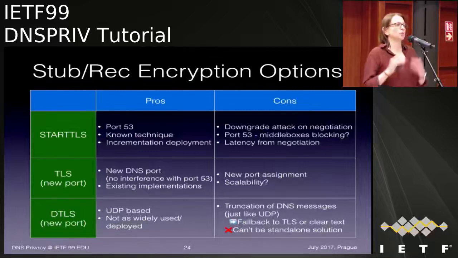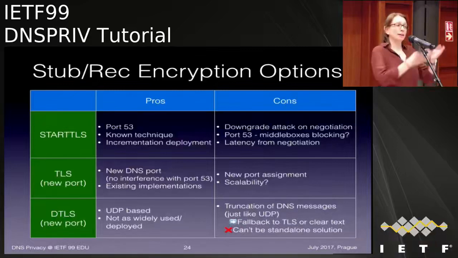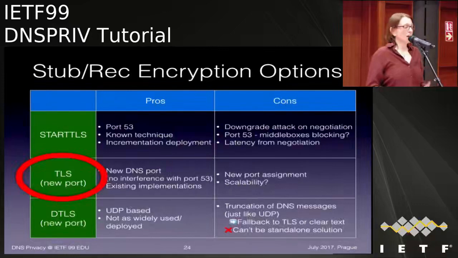So you have to fall back to an alternative transport, and the obvious one to fall back to is TLS. The discussion went back and forth, and the decision was, let's not go down this two protocol route again. Let's just start with TLS and get that right and choose a single protocol. So what emerged from the working group was that DNS over TLS became a standard, and DTLS became a standard with experimental category.